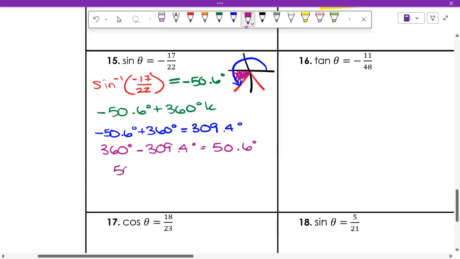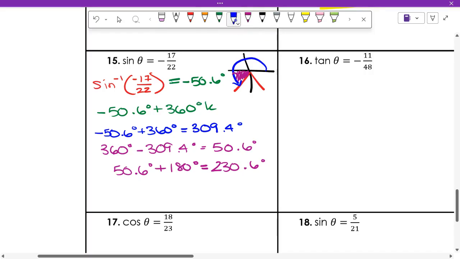So I would do 50.6 degrees plus 180 degrees, and that gets me 230.6 degrees. So that corresponds with this whole entire blue angle. If I go from this initial side right here, positive x-axis, counterclockwise all the way around to where this is, it would be 230.6 degrees.